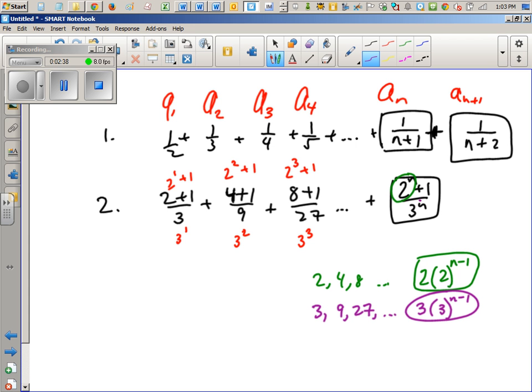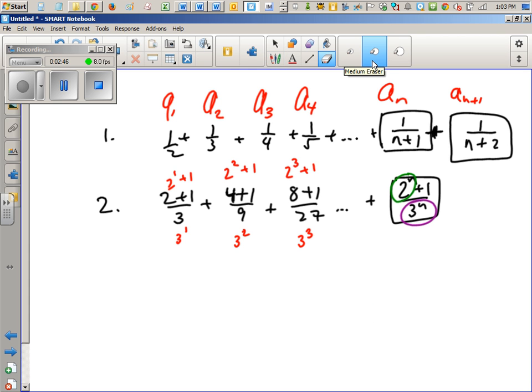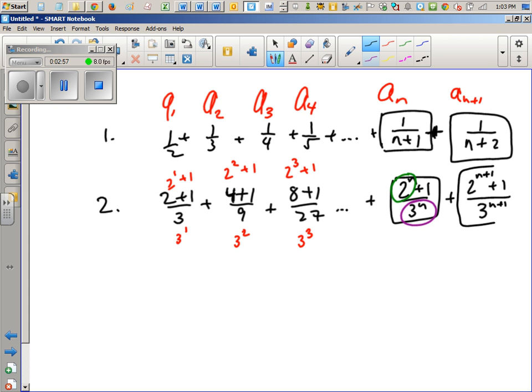This will give you the 3 to the n down here. So if you really need formulas, you could actually use them. Okay, but the next term would be found just by simply replacing any n's with n plus 1s. So this would be 2 to the n plus 1 plus 1. And this would be 3 to the n plus 1, like so.